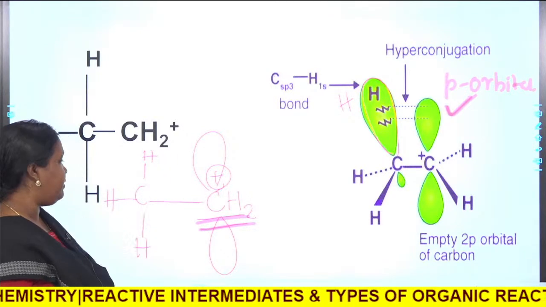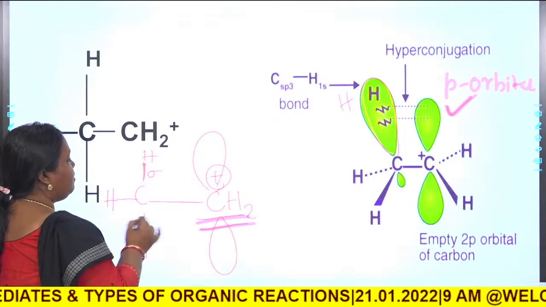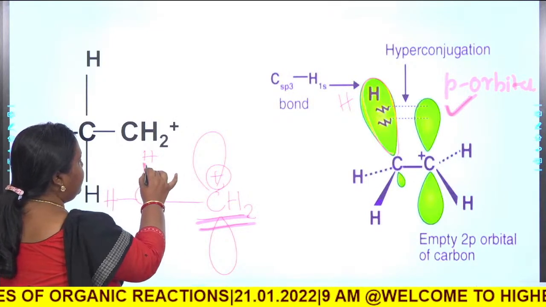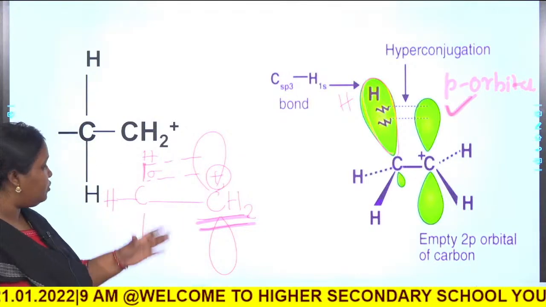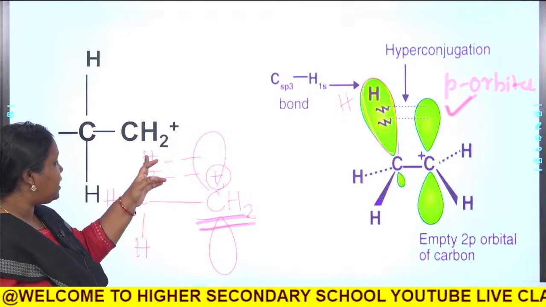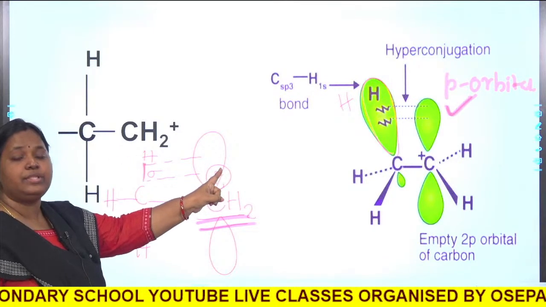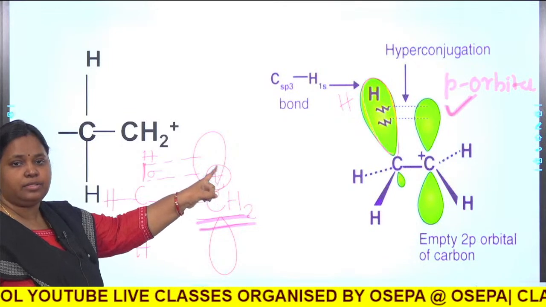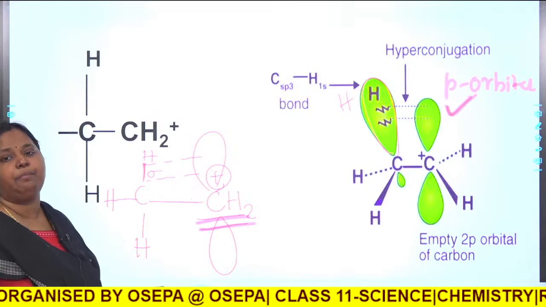So, it will attract the sigma bond electrons towards itself. So, sometimes this carbon-hydrogen sigma bond also moves into this vacant p orbital. This leads to hyperconjugation.